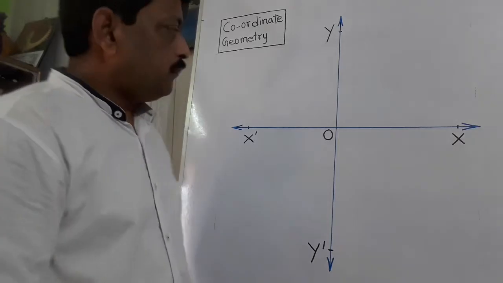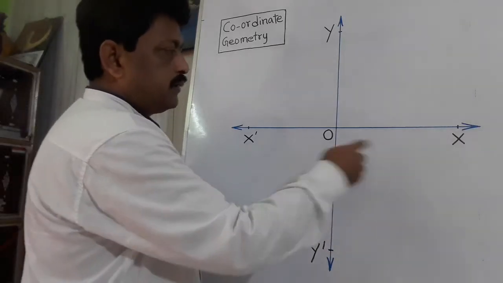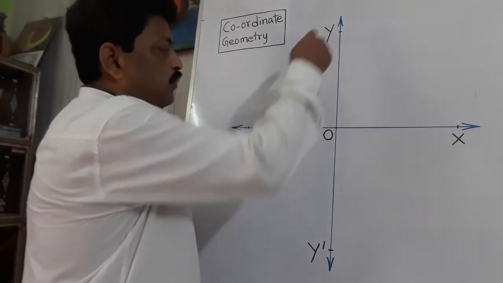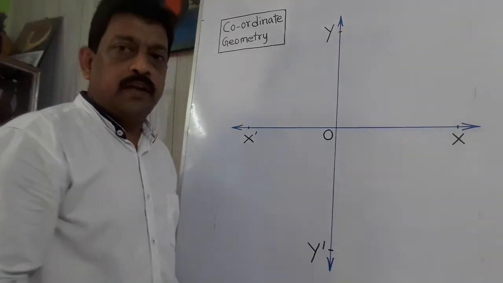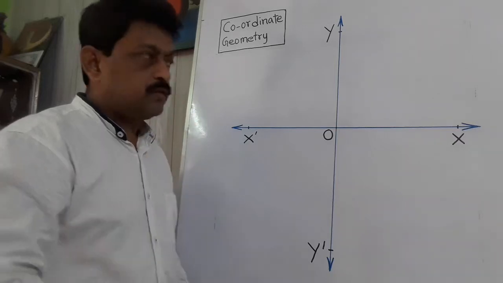Understood? Now the coordinate axes, that is XOX' and YOY', divide the whole Cartesian plane into four regions.